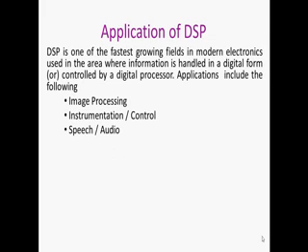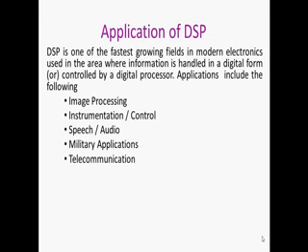Speech and audio: speech compression, decompression, speech recognition, speech conversion from voice to text, and equalization can be performed with the help of a digital signal processor. Many military applications such as secure communication, radar processing, sonar processing, and missile guidance are processed with the help of a digital signal processor.